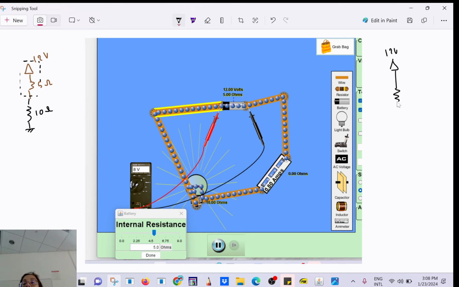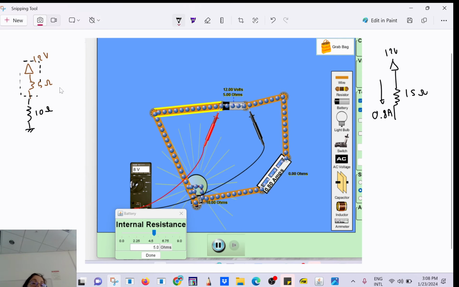How much is that together? It's going to be 15 ohms. So how much is the current? You do 12 divided by 15, it's going to be 0.8. Okay, so that little resistance here is stealing energy away, stealing voltage away.